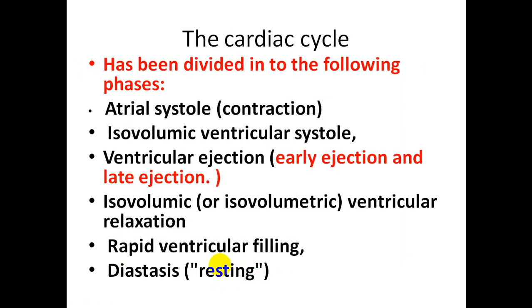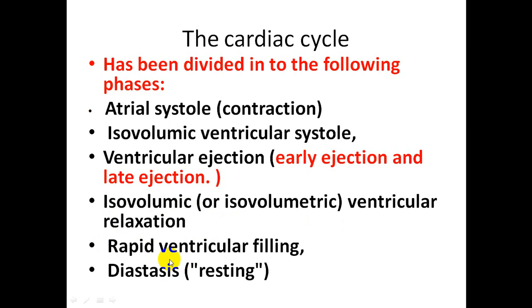Ventricular ejection, the ejection of blood from the ventricle, which is the stroke volume, has 2 phases, early ejection and late ejection. Then isovolumic ventricular relaxation, where the pressure drops from more than 80 to near 0 while the volume is not changed.